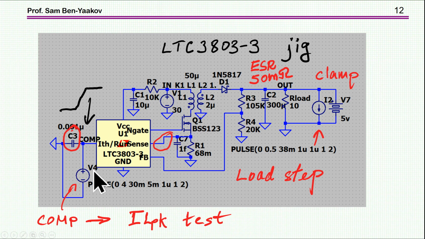For that end, I'm going to clamp it to a voltage source. So I'm forcing a voltage here. That's okay because this is a transconductance amplifier with a current output, so no harm done. And I'm going to sweep it throughout the range which is expected, and watch the peak current here and see what this relationship is.